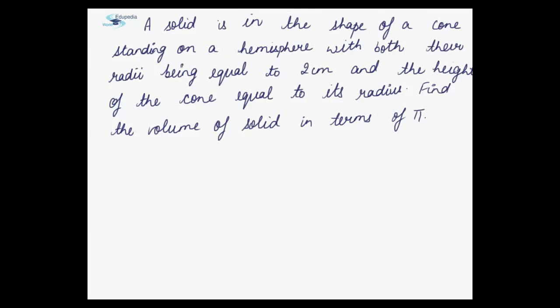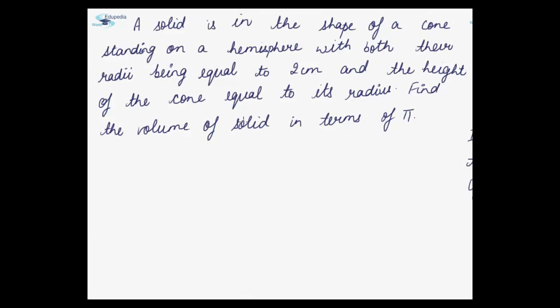The first question says a solid is in the shape of a cone standing on a hemisphere. So we have a solid as a hemisphere and a cone standing on this hemisphere, with both their radii being equal to 2 centimeters.